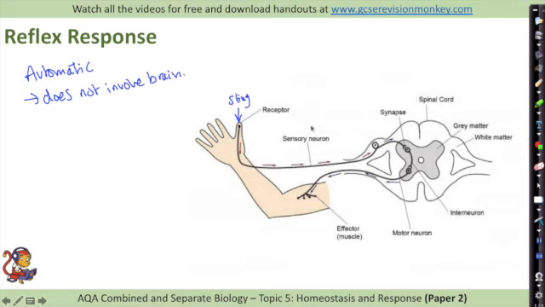The message will be sent along a sensory neuron, but this time, rather than going up to the brain, that's far too long for the message to travel because we want a really automatic, quick response. This is then passed across a little relay neuron, then back down the motor neuron to the effector, which in this case is the muscle, and that will cause your arm to move away from the sting.